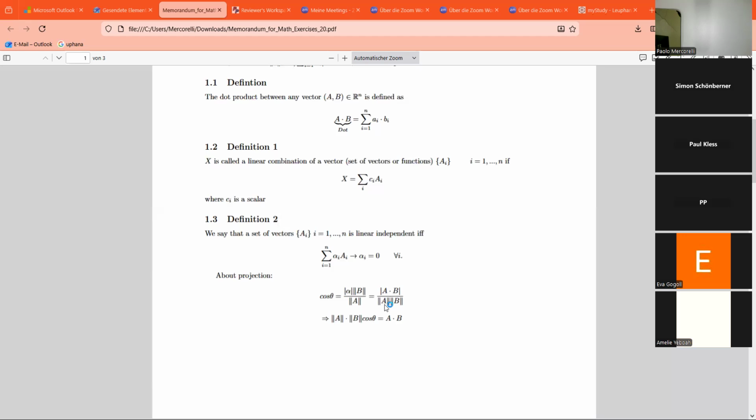It makes sense now. Norms, then linear combination. We conclude with internal product and so on.